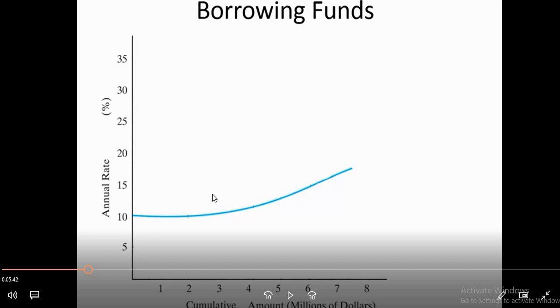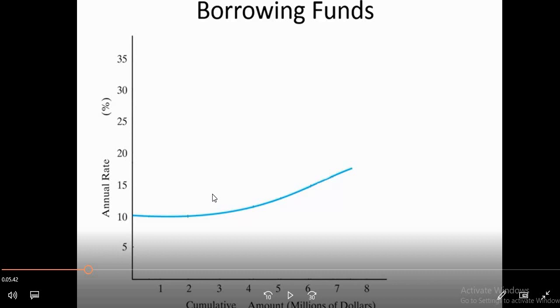As the money increases beyond its annual turnover, the bank increases the interest rate, and this increase is due to the risk involved in getting back that amount from the company. That's why the rate of interest will be increased. So this curve is flat up to the $2 million, and above this $2 million, the curve increases in an exponential manner.